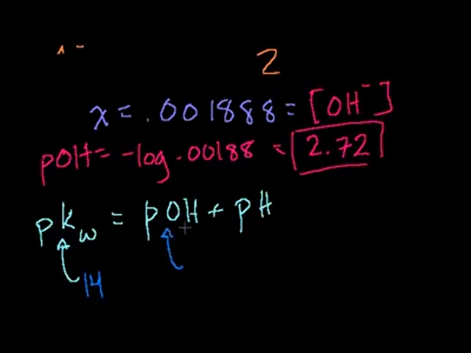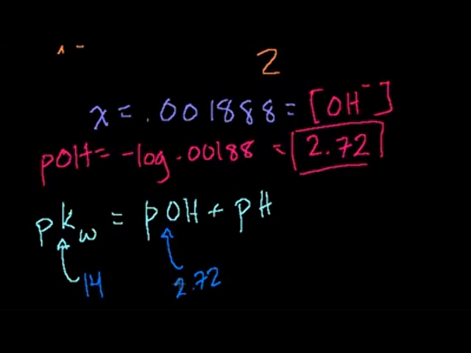When water is neutral, the pOH is 7, or a concentration of OH of 10 to the minus 7. But we take the minus log, this becomes 7. But now we know we have a much higher concentration of OH, 2.72. Remember that minus log kind of flips it. So a lower pOH means a higher concentration of OH, right?